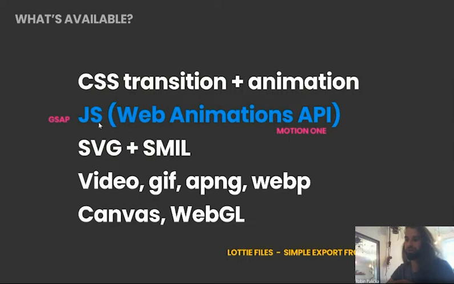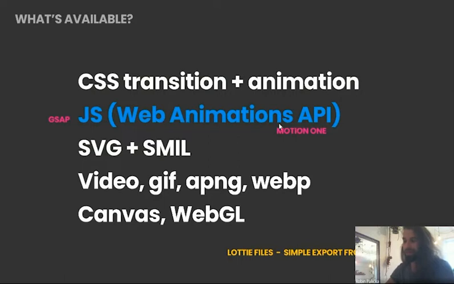So if the main thread with JavaScript is stuck, the animations are still fluent. But I just checked a couple of benchmarks, and you will be surprised that in most cases, GSAP is still faster than Motion One, which uses the new Web Animations API.